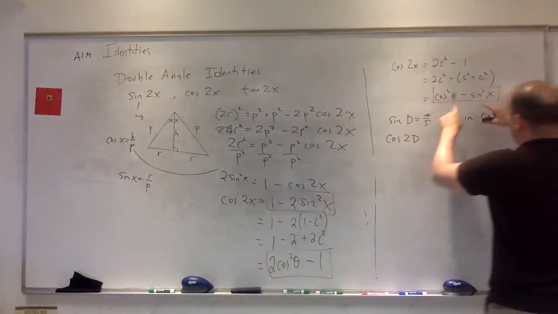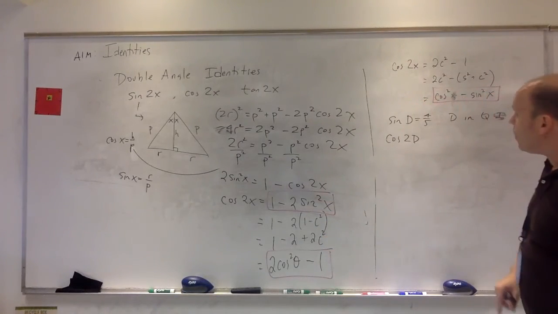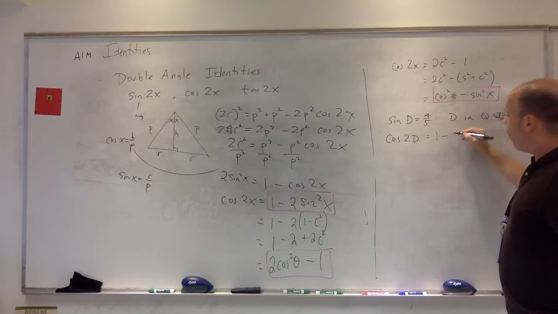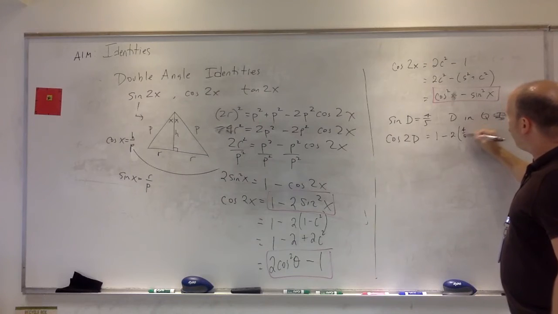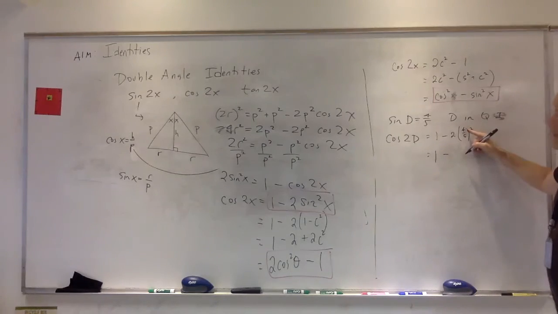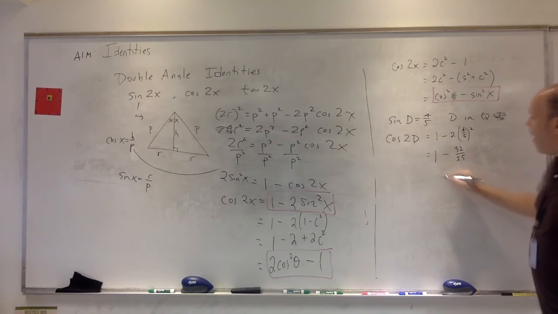Okay, well, if the sine was 4 over 5, the cosine of d was 3 over 5. So 2 times 3 over 5 squared minus 1, which is 18 over 25 minus 25 over 25 equals negative 7 over 25.